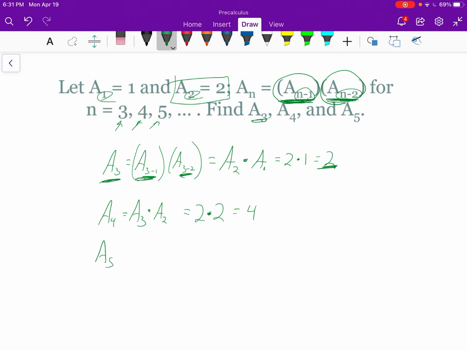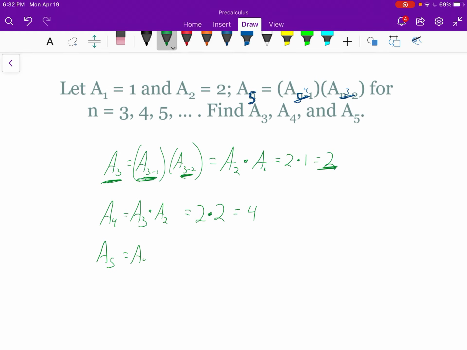How do we find the fifth term? Let me erase some stuff here and kind of start afresh. The fifth term is going to be equal to the term right before it, which is the fourth term, times the term 2 in front of it, the third term.